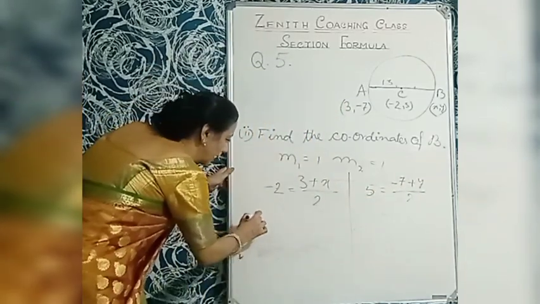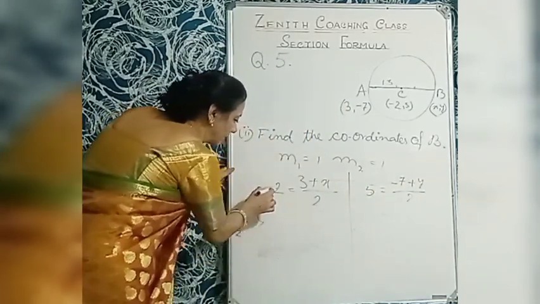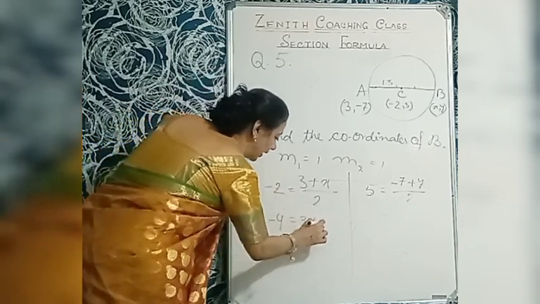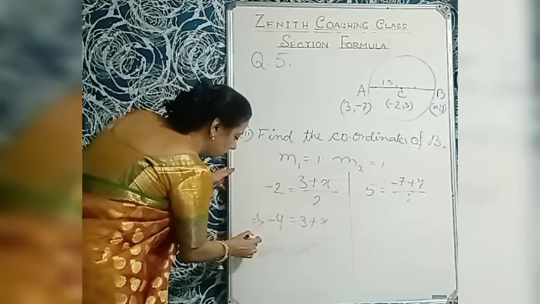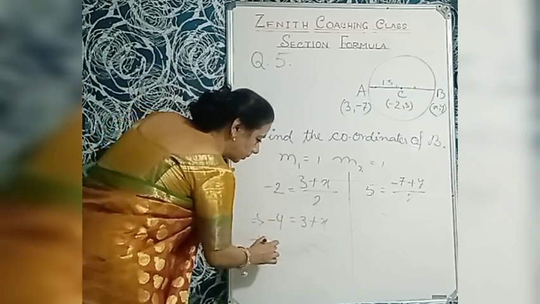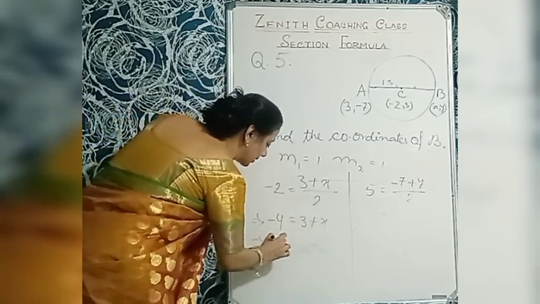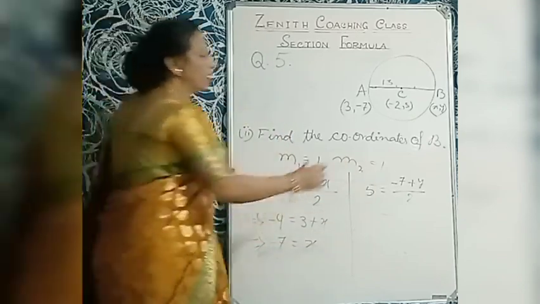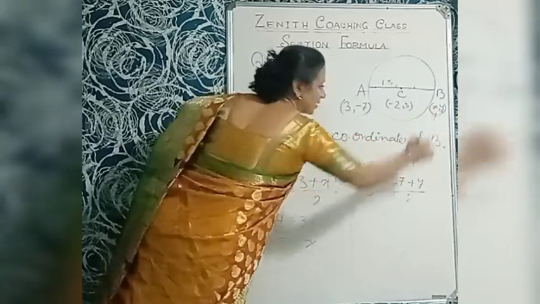So minus 2 multiplied by 2, that is minus 4, equals 3 plus x. So x equals minus 4 minus 3, that is minus 7. Understood? This is the value of x, minus 7.